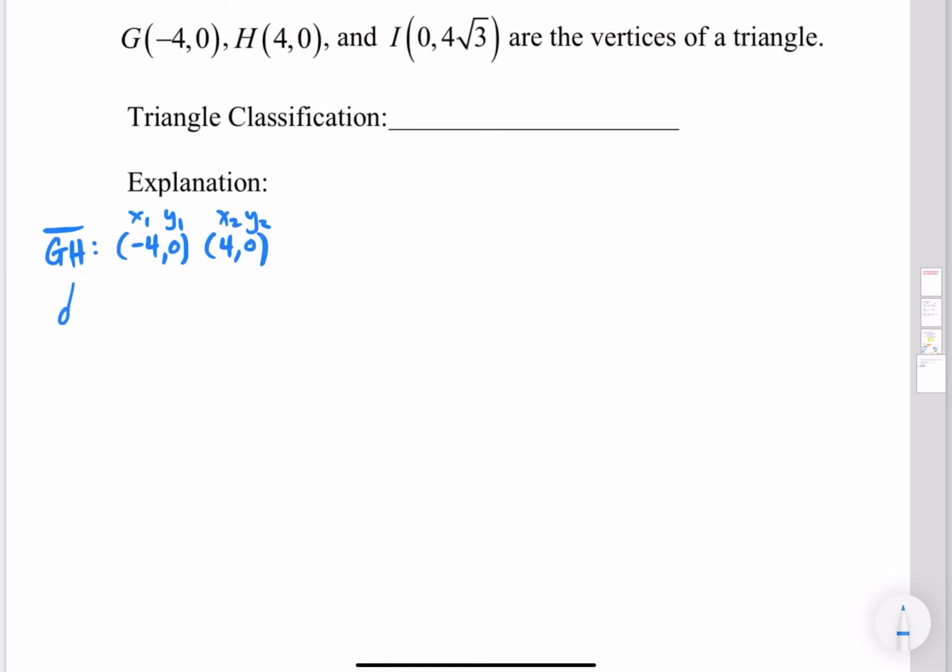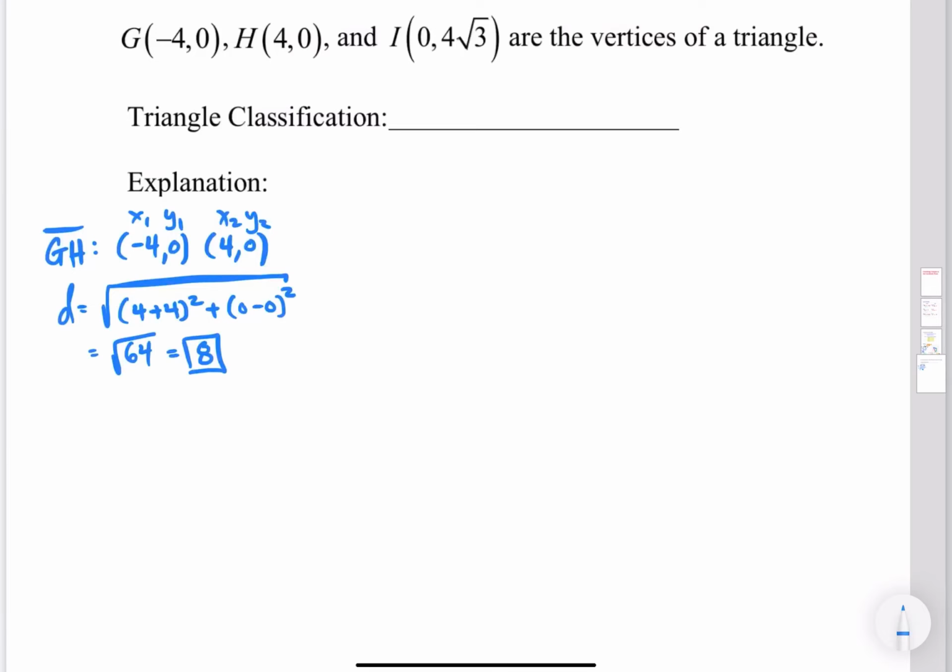And if we plug it in, that means it's going to be x2, which is 4, minus x1, which is -4, so that means plus 4, squared, plus y2, which is 0, minus y1, which is also 0, squared. Well, 4 plus 4 is 8, and 8 squared is 64. And 0 minus 0 is 0, and 0 squared is still 0. And 64 plus 0 is just 64. So we have the square root of 64, which brings us back to 8. So the length of GH is 8.